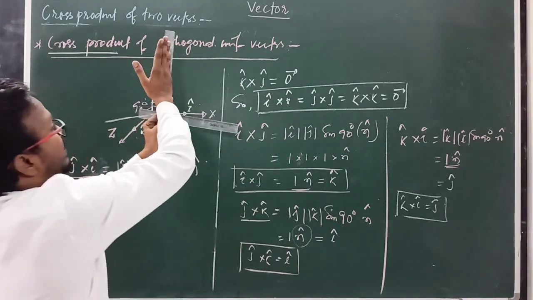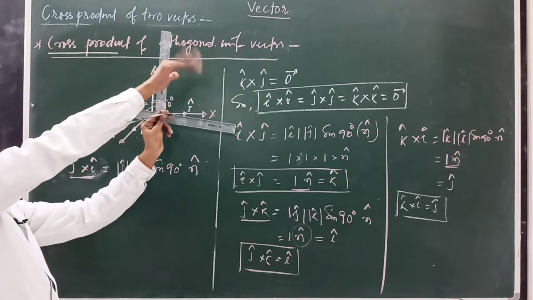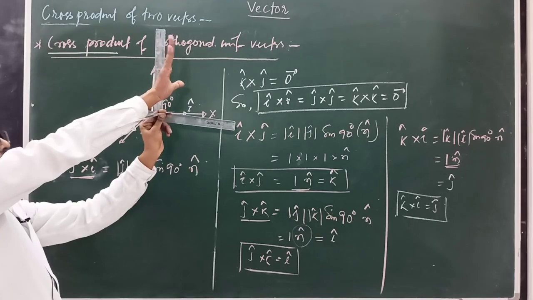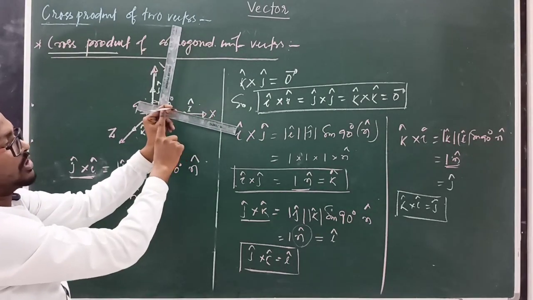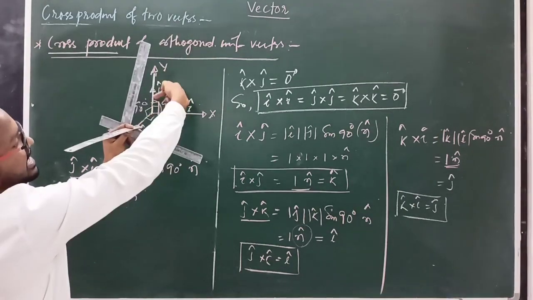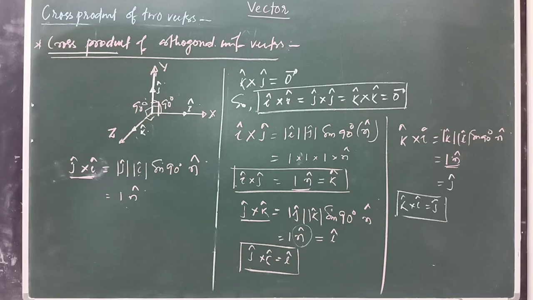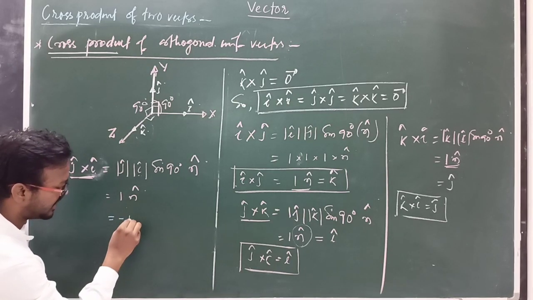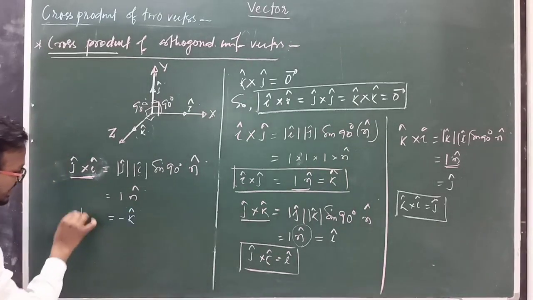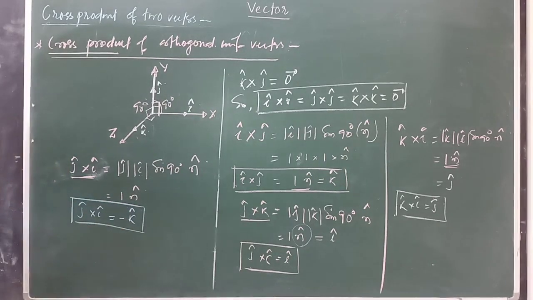So first we have to place the palm in this way, j to i, j cross i, which is inward direction, but this is the direction of k cap and this is the direction of negative k cap, means minus k cap. So you can write this relation here, the vector that is minus k cap. So j cross i cap equals minus k cap.